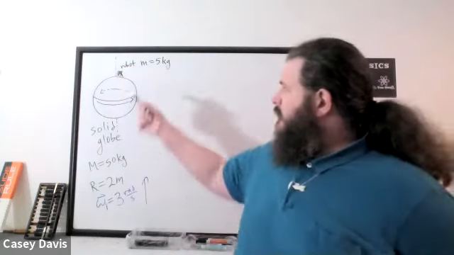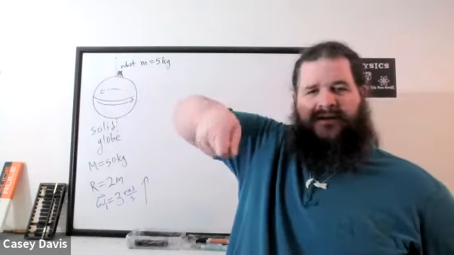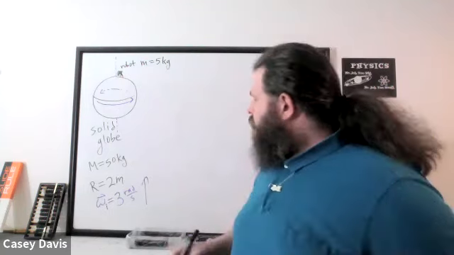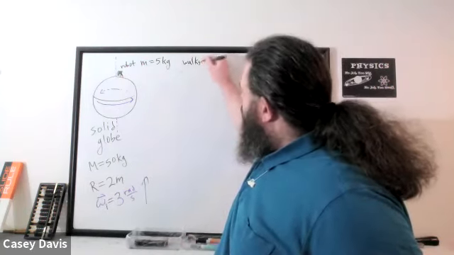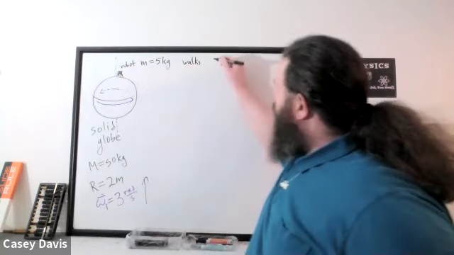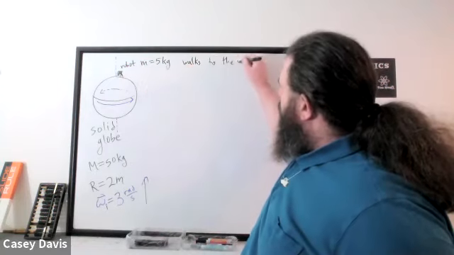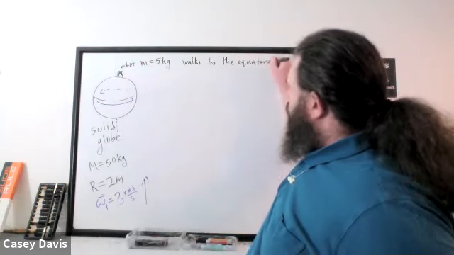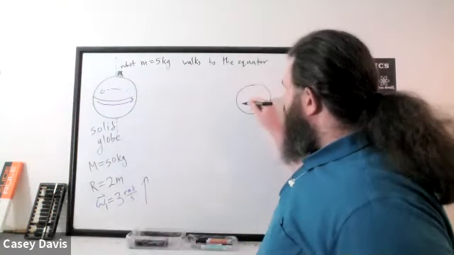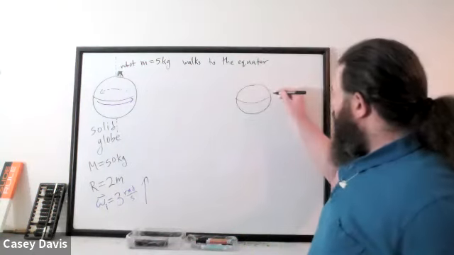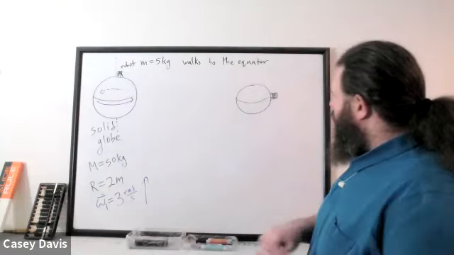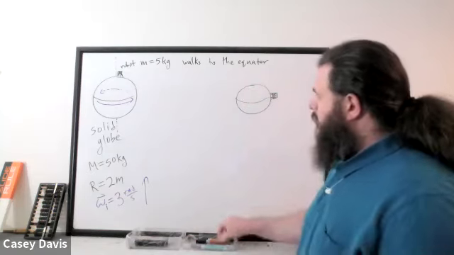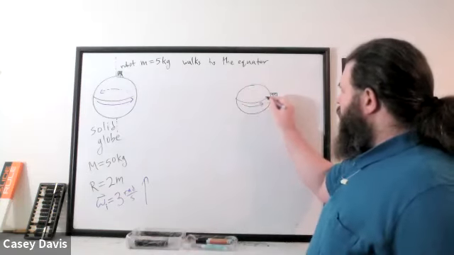The robot isn't really moving around. But let's say the robot walks along the globe, along the surface, to the equator. So the final situation is going to be the robot is now standing on the equator as the globe continues to spin around.